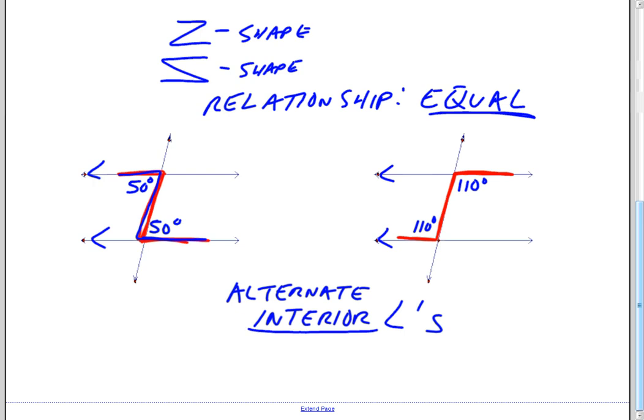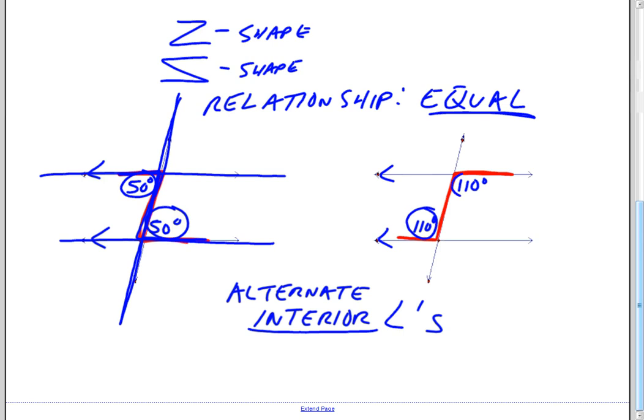Interior. We're talking about between the parallel lines. Alternates. We're talking about opposite sides of the transversal. One's on the left, one's on the right. Left, right. Left, right. Opposite sides of the transversal, interior to the parallel lines.